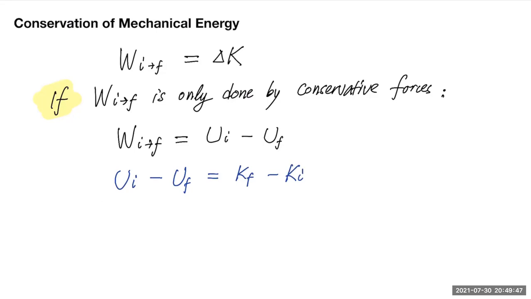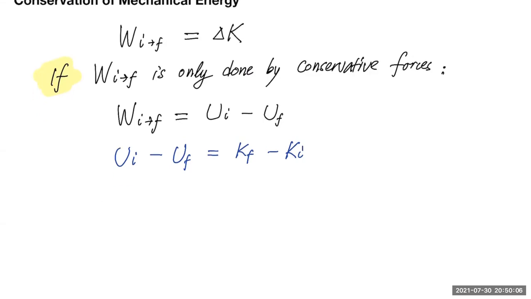On the left-hand side, I have initial ahead of final for U, but on the right-hand side, I have final minus initial for K. And with that, we can move both K initial and U initial to the left-hand side, and both K final and U final to the right-hand side. Basically we make a switch. We move this to this side, and that to that side.